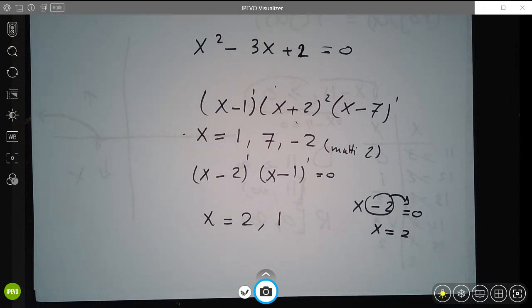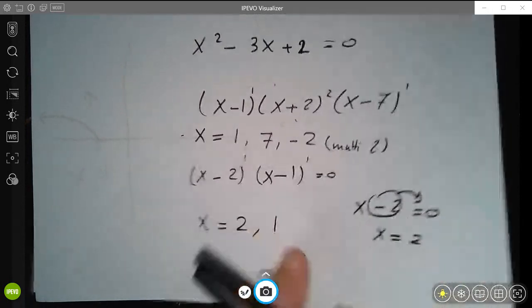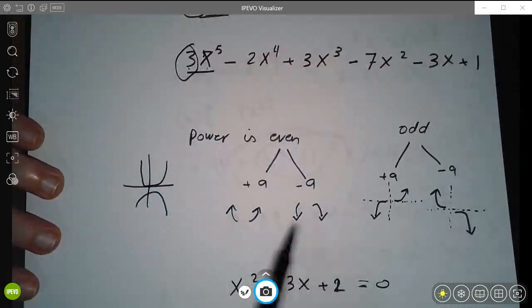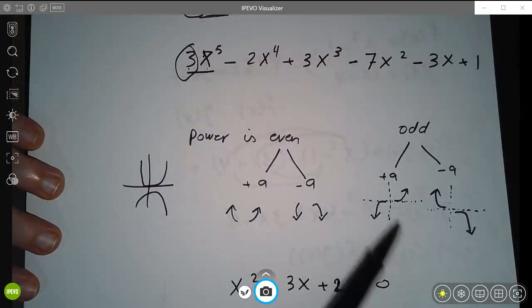I like solving questions. Okay. So next question. Did you write this down before I throw away the paper? Did you get this part? Okay, good.